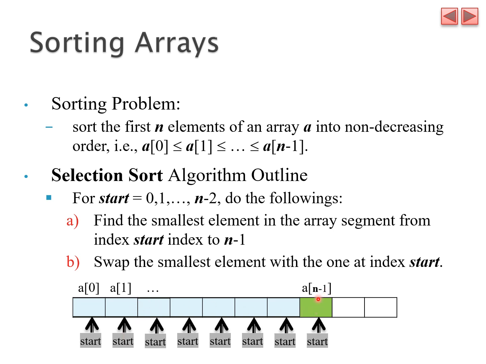Then swap that smallest element with the one at index start, which is the first element in the current unsorted array segment. After swapping, the first element in the current segment is already in the right position, so we can remove it from the unsorted segment in the next iteration.